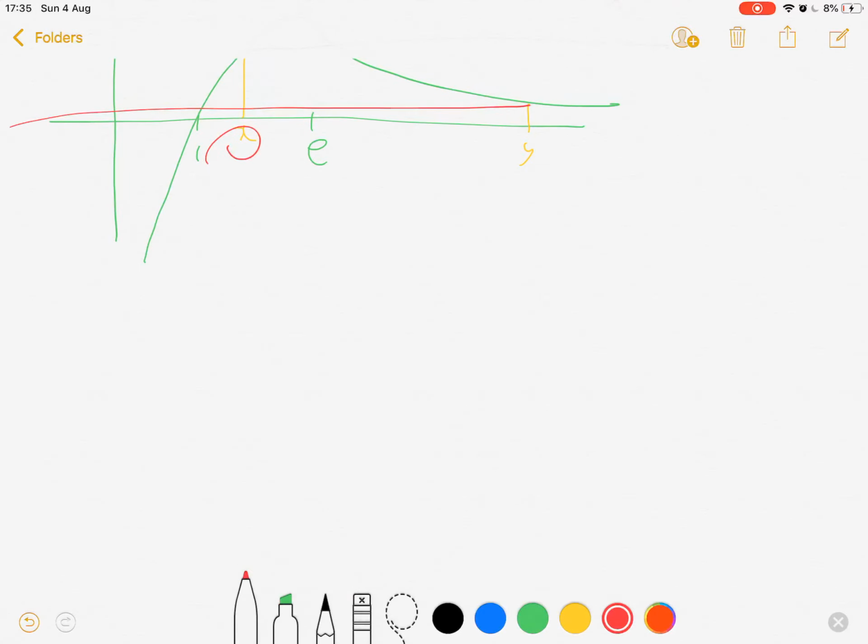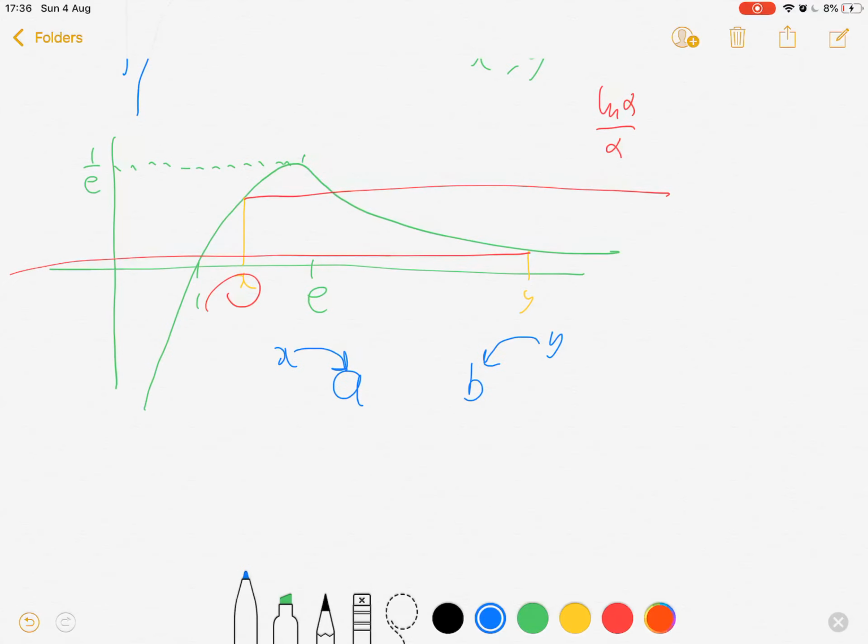The one which we put x into would be side A, and the one which we put y into would be side B. So in this case, y over x would be bigger than x over y.